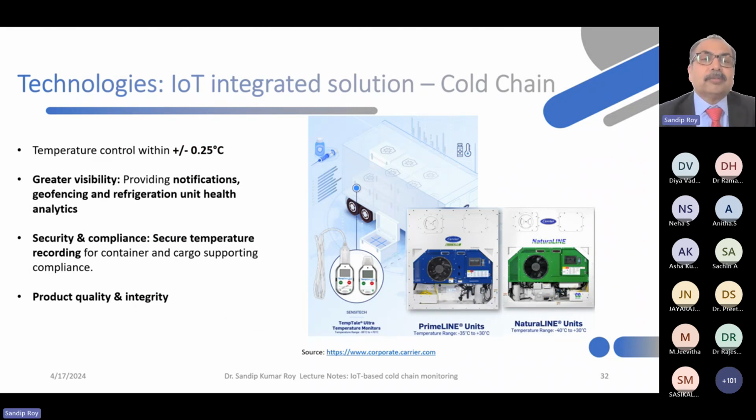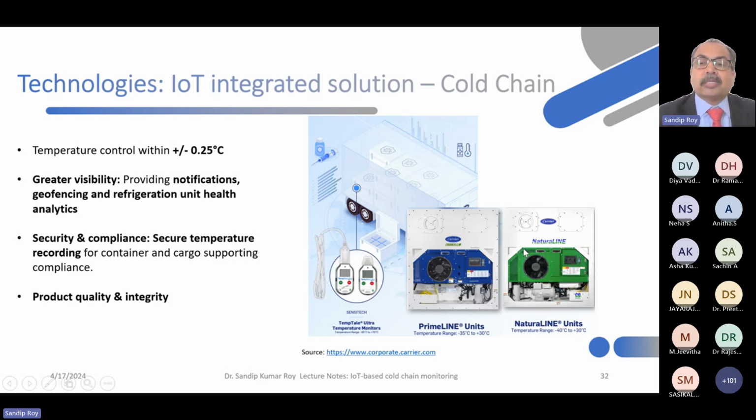So how it works basically, it can be something like this. These are simple ultra sensitive sensing devices, this one is from Carrier. You all know Carrier is an AC giant. They have come out with this kind of sensing device for tracking, which can be monitored very effectively. So there is greater visibility, it has Wi-Fi capability, and it can send data.